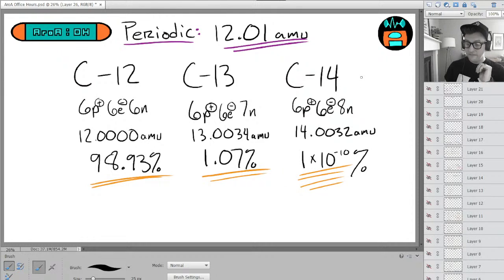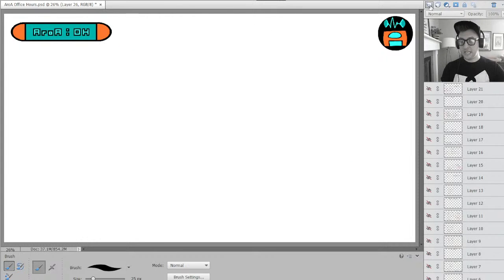It's a very, very, very severe minority. So the atomic mass on the periodic table is a weighted average. It takes into account not just the mass of each isotope, but the percent abundance. And I'm going to show you how to calculate a weighted average right now using these percent abundances.